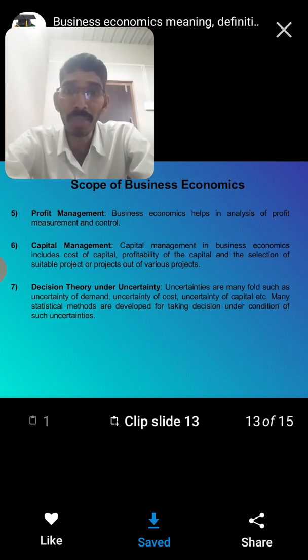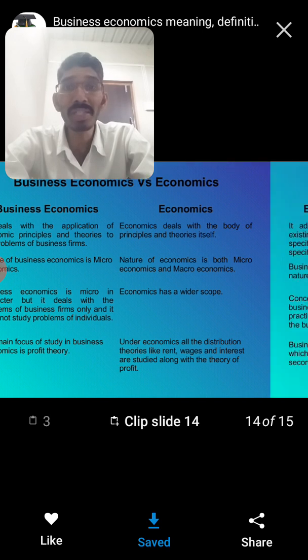Many statistical methods have been developed for taking correct and proper decisions under very bad conditions, or a crisis situation in the company or firm. So that is also studied by business economics regarding the scope of business economics. And here we can also understand very simply the importance of business economics.